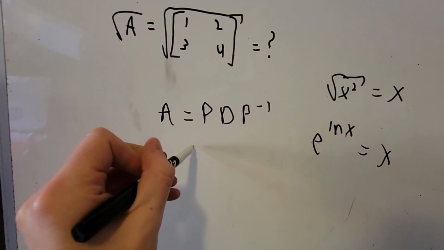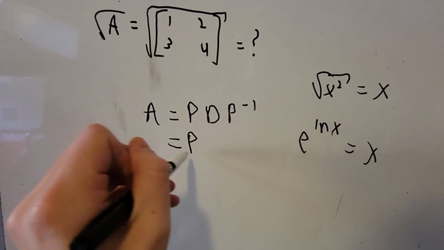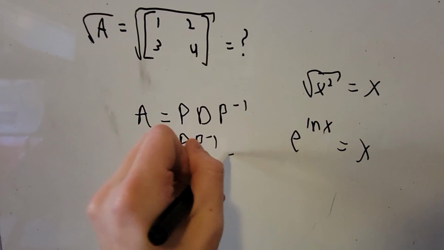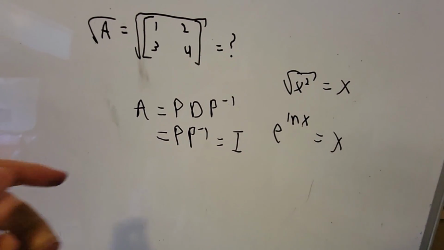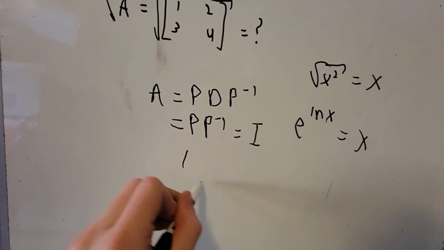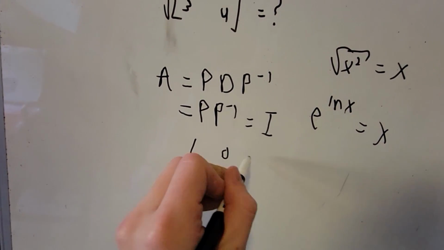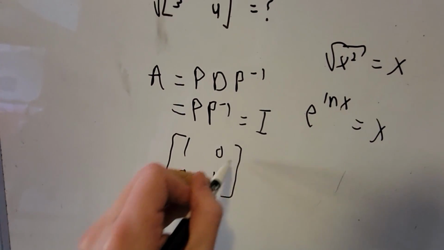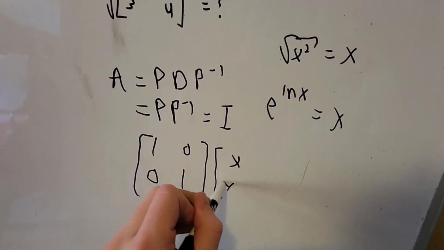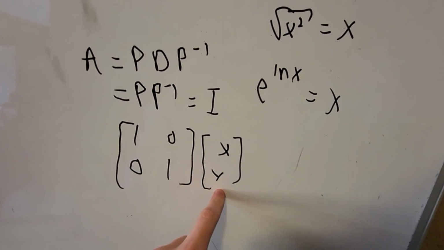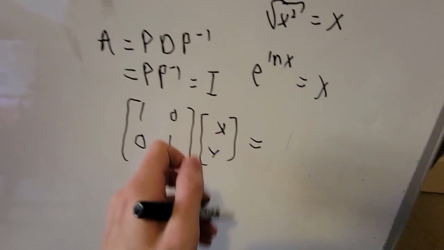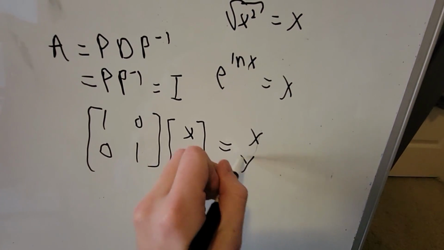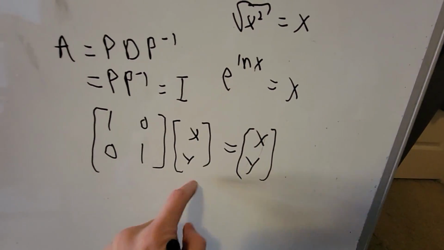So in the matrix world, P times P inverse is I. That's a matrix such that when you multiply it by another matrix, it doesn't do anything. And you can check this multiplication. This will leave you with a 2 by 1 matrix, x, y.